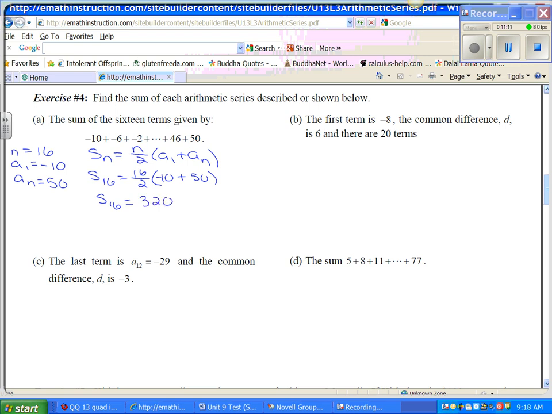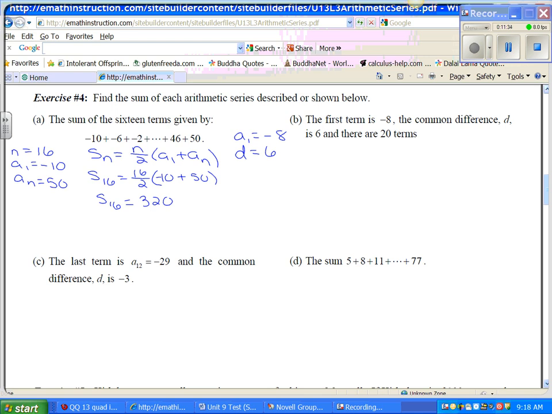All right, so let's look at the next one. Do you think this one's going to be as simple? Probably not. All right, the first term is negative 8. What's that represent? A sub 1. The common difference is D. Yeah, obviously. And that's 6. There are 20 terms.